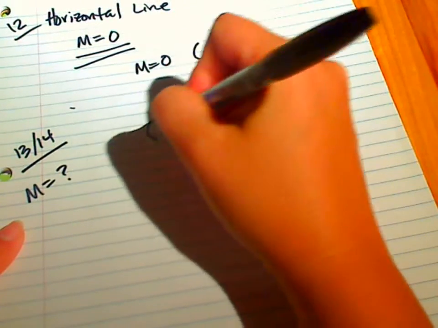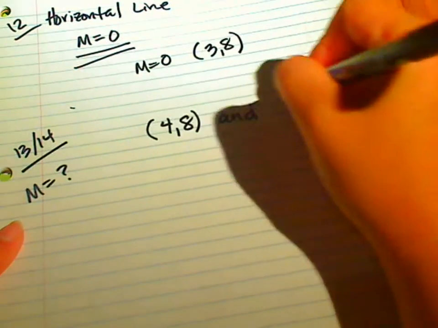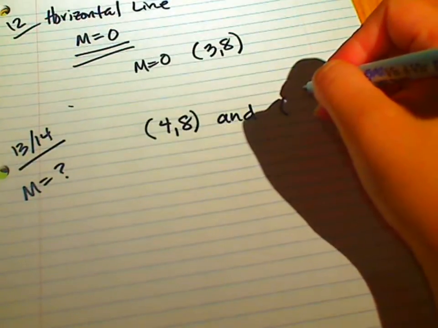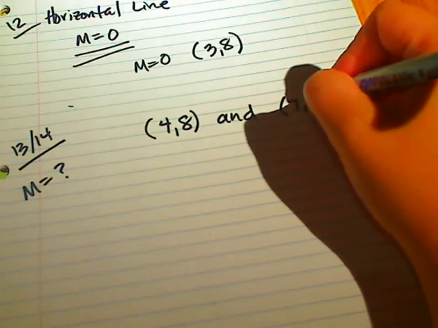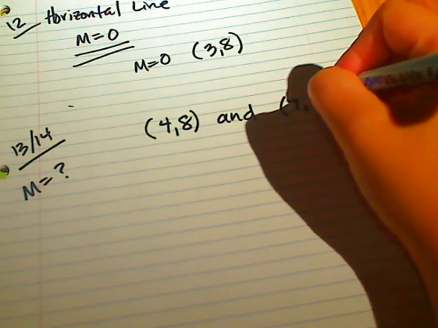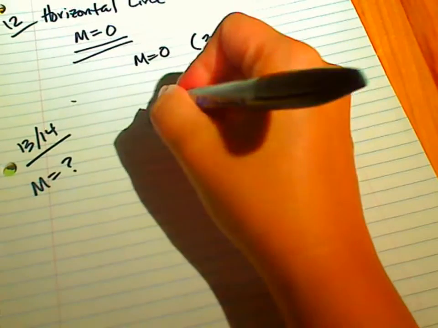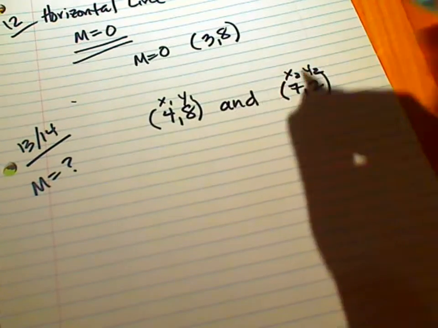So let's say I gave you the points 4, 8, and 7, negative 2. So remember x1, y1, x2, y2.